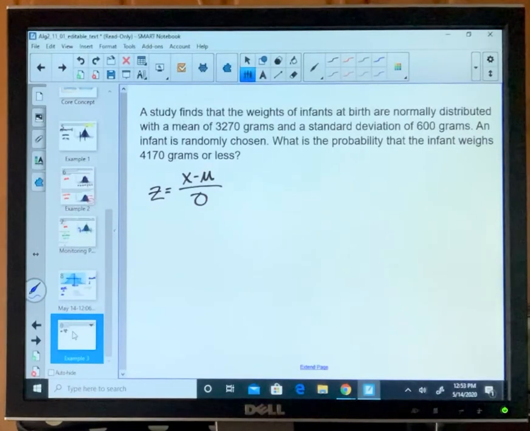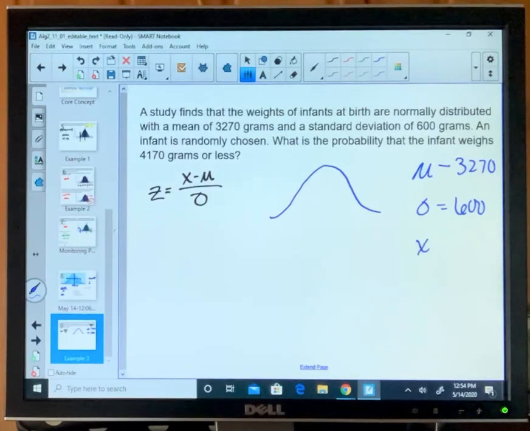So they're saying it's normally distributed. They're giving you mu, the mean of 3,270. They're giving you the standard deviation of 600, and they're giving you the infant's value in grams that they care about. So here we want to know how many grams or less.